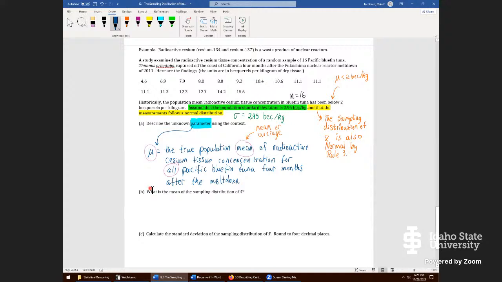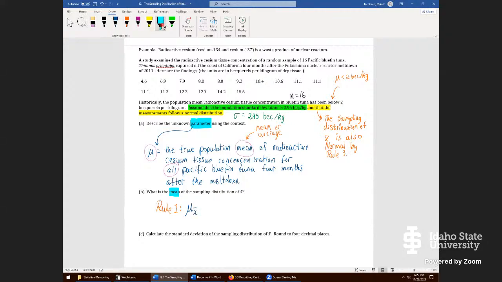Now, next question asks us, what is the mean of the sampling distribution of X bar? Now, at this stage, we're just using the central limit theorem. This is rule 1. And for rule 1, it gives us the mean written in this way. It's the mean of the sampling distribution of X bar, so we write it this way.